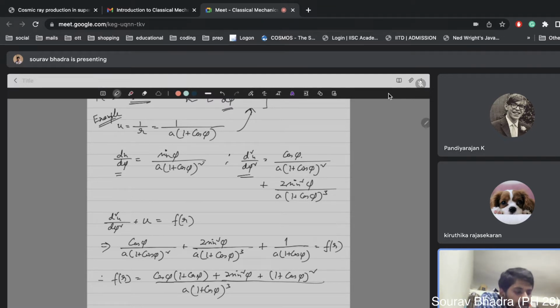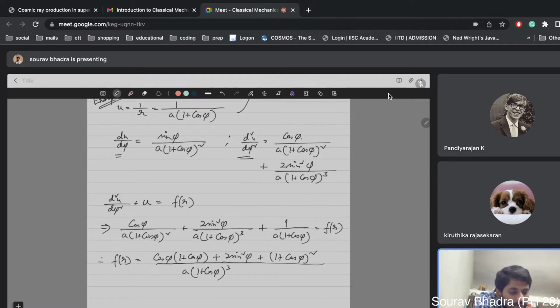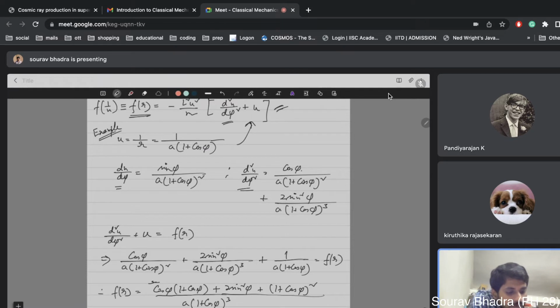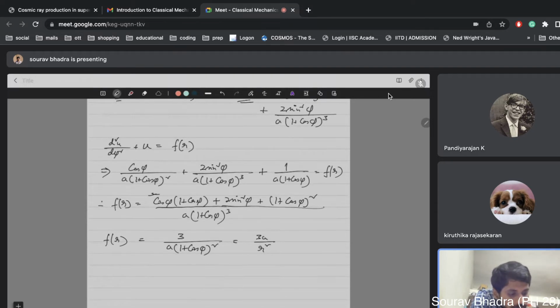Now just write it in an open form. I mean, (1 plus cos phi) whole square, you just write it as 1 plus cos square phi plus 2 cos phi, and do the multiplication in the first term, then you will get a form like this. Okay, so now f(r) is 3 by a cos phi square, and it is already given that u equals 1 by a cos phi, that means you can write it in this way also.